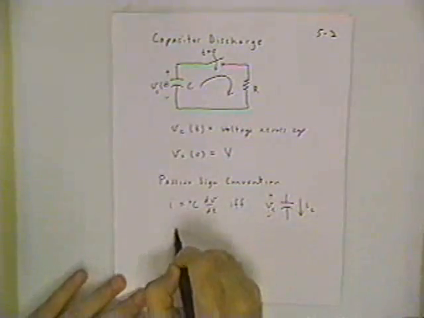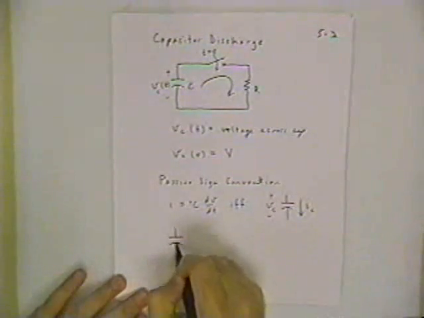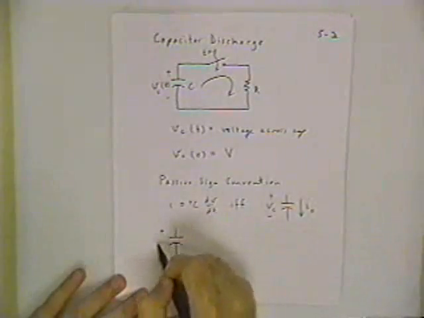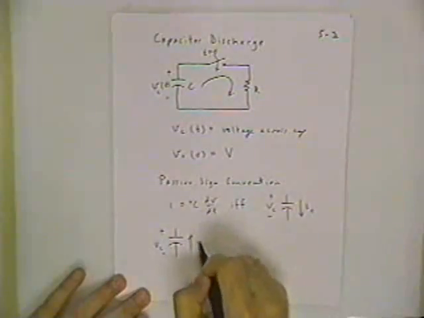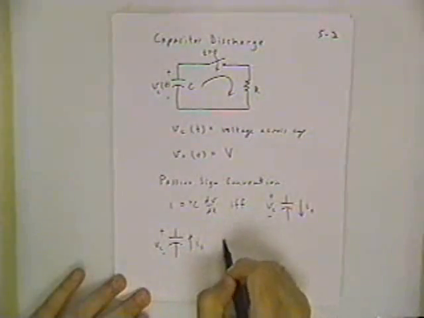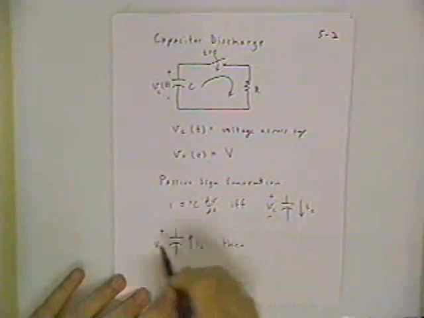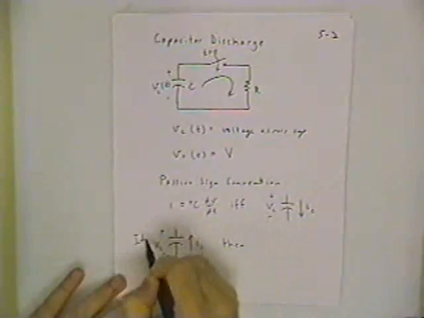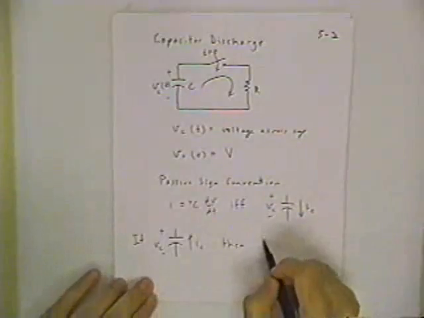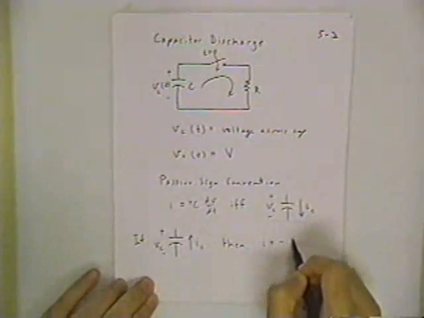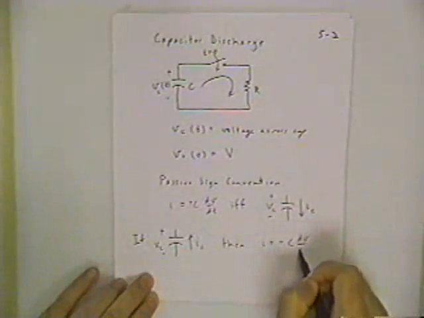What happens, as in our present case, is the capacitor has a voltage with this polarity, and the current's actually going in the opposite direction. So let me make this a good if-then statement. If this is the situation, then the linear model reads I is equal to negative C dV/dt.